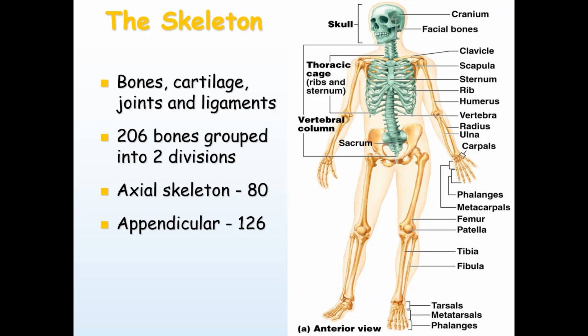That's the best I can do, blue-green. So that blue-green color, everything you see here is a part of your axial skeleton, okay? And then of course, I'm going to say yellow, or is that tan? Whatever color that is, that other color there is going to be a part of your appendicular skeleton, okay?